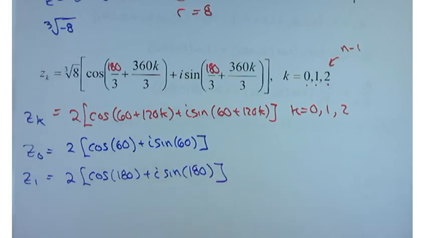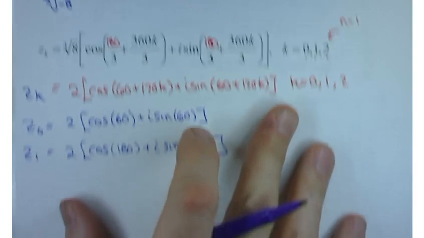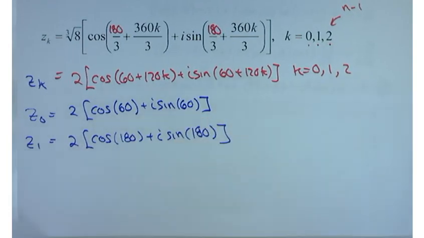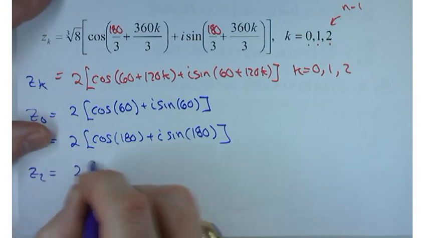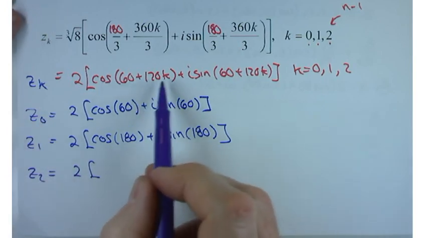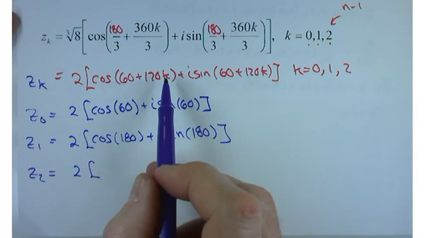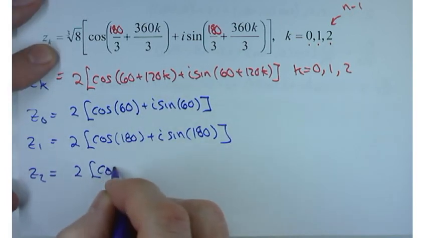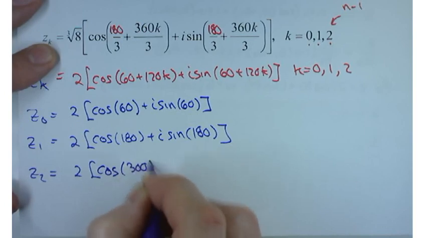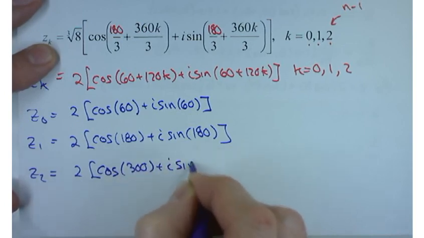And again, for the moment, I'm just going to leave it there. Finally, z sub 2. If I put in a 2 here, 2 times 120 is 240, plus 60 gives me a cosine of 300 plus i times the sine of 300.